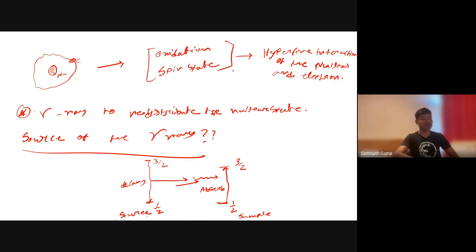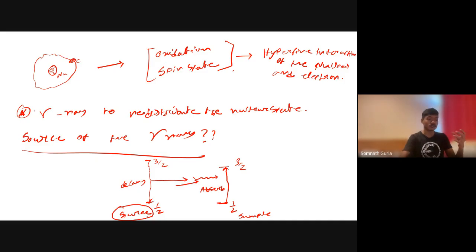So it's not a very easy process. We need a source where the spin state changes from 3 by 2 to half, and that generates the gamma ray, which is absorbed by the sample, and it changes its nuclear state from half to 3 by 2.